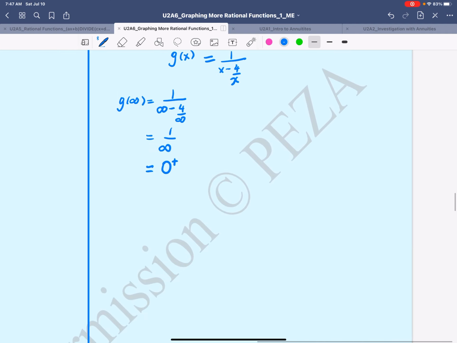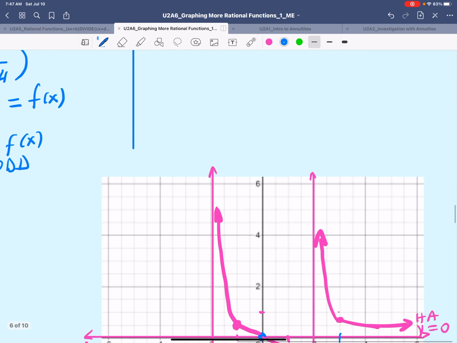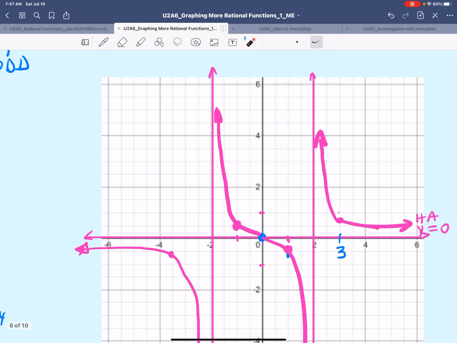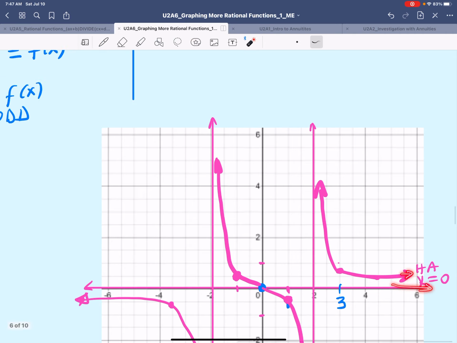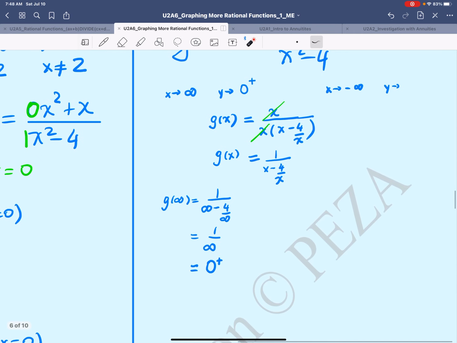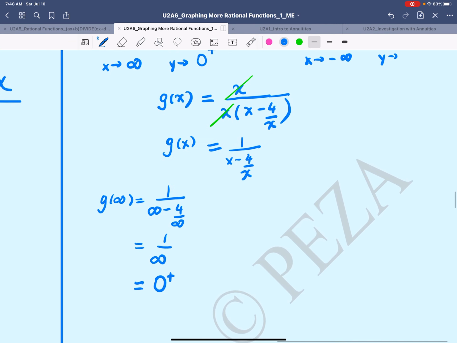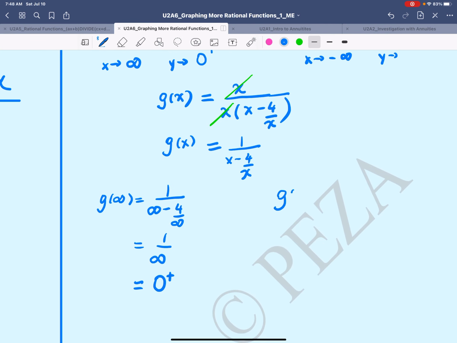And isn't this the same thing we got on the graph of this function? As x approached infinity, the y values were above 0. We do something similar as x approaches negative infinity, so we simply substitute x by negative infinity, and we'll have 1 over negative infinity minus 4 over negative infinity.